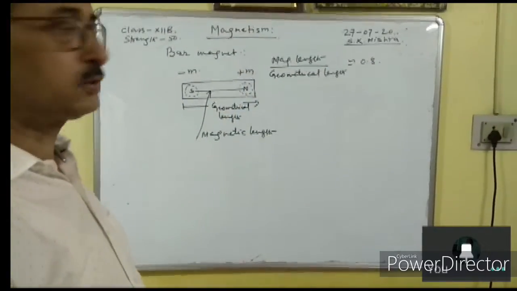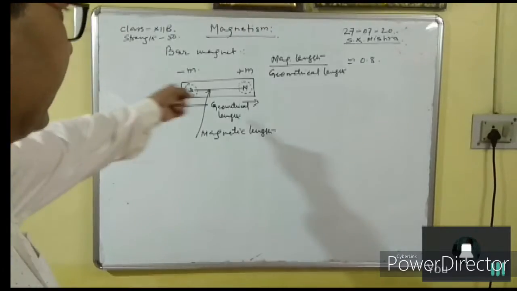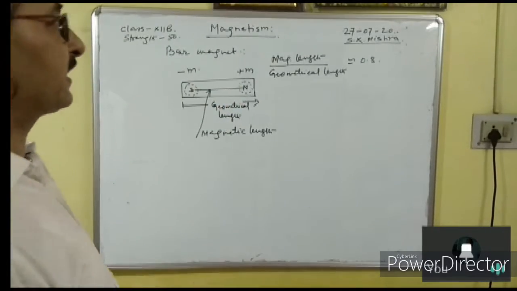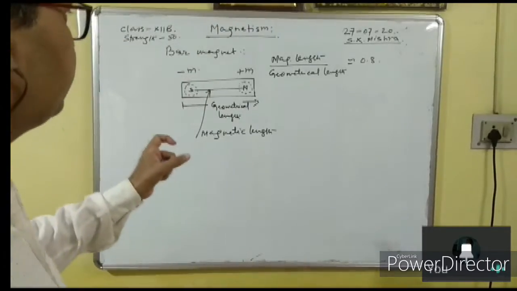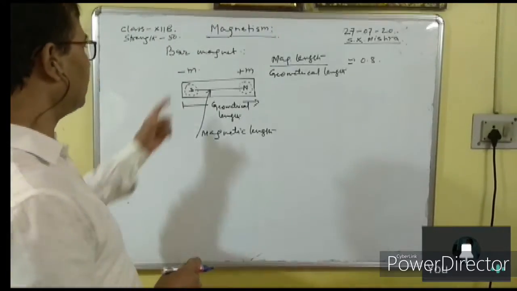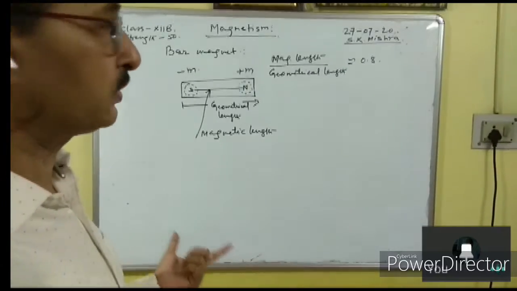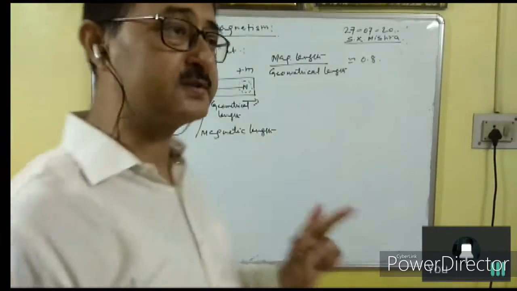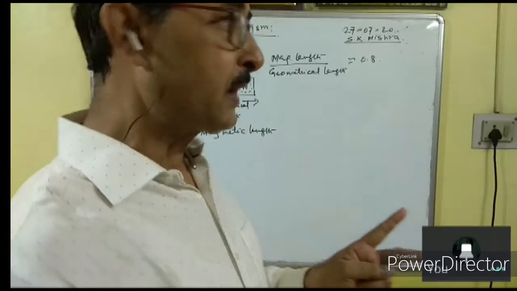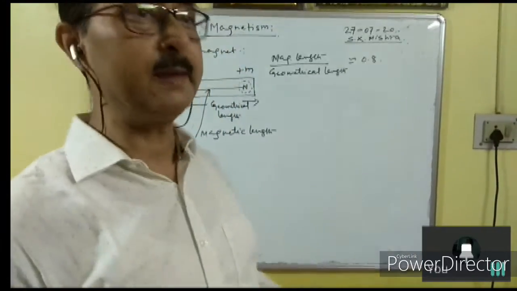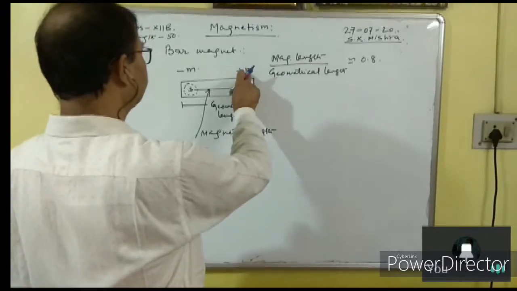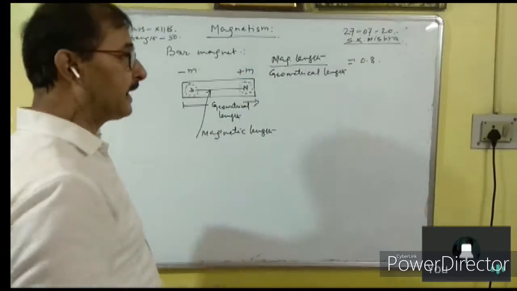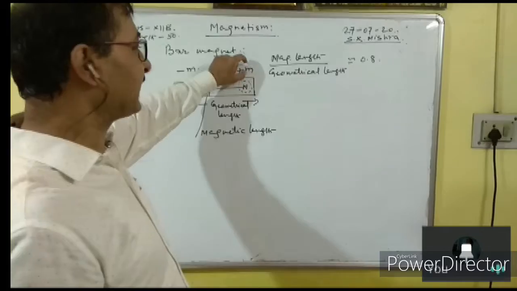If you take the ratio of magnetic length by geometrical length, that ratio is nearly 0.8 or 0.7. So less than 1. Obviously, because magnetic length is smaller than geometrical length.